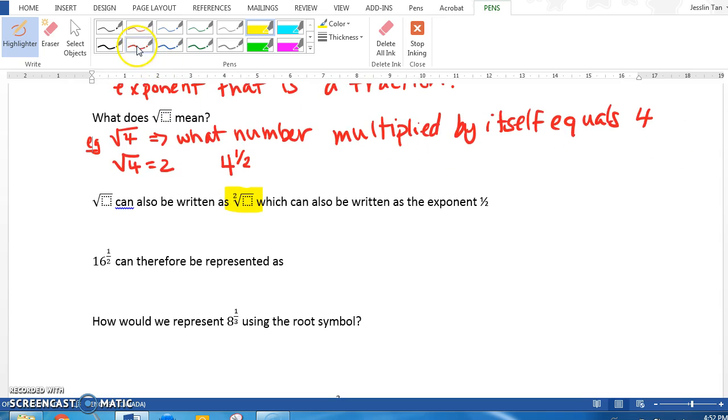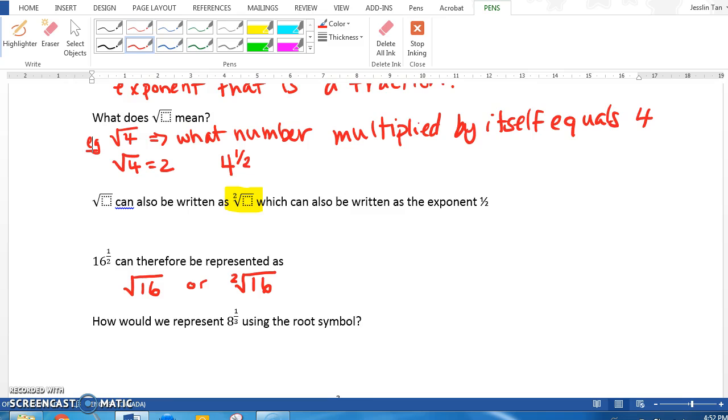If we take a look at this next example, 16 to the exponent of 1/2, I can write it in 2 different ways. We can use the root symbol without the exponent because this is commonly used, or if we're going to use the root symbol and show what the denominator is, then I would have the root 2 and the 16 underneath.